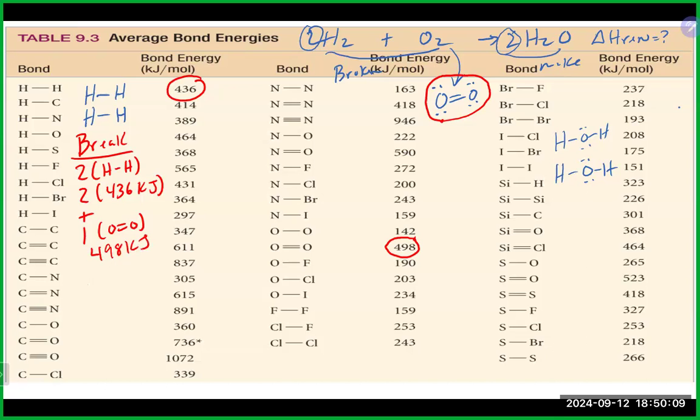I'm going to add all these together, which is 2 times 436 plus 498, and that tells me the amount of energy I need to bring to the table to break all those bonds is about 1,370 kilojoules of energy.